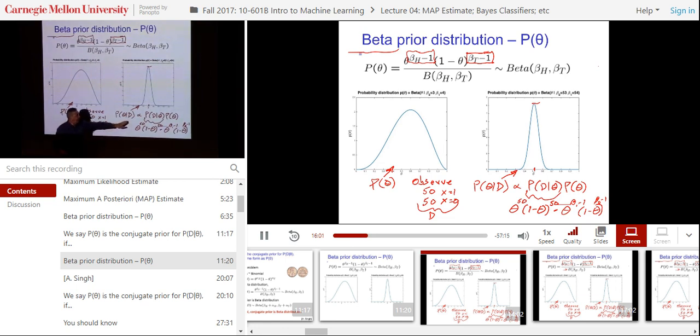It's the conjugate with respect to the data likelihood, meaning it's in the same functional form as the data likelihood.